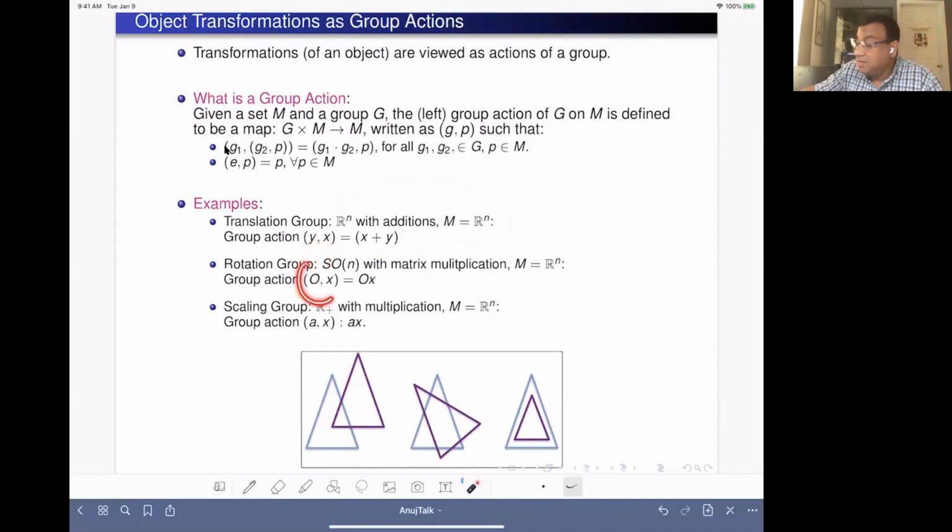Similarly, I have rigid rotation. I take all the points on an object and rotate them by the same matrix, I get a rigid rotation. These are called actions of the group. So this is an action of the rotation group on the object. Similarly, we have an action of the scaling group. If I multiply each point on an object by a positive scalar, then I scale that object up and down.